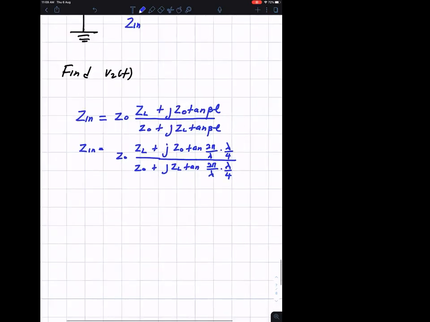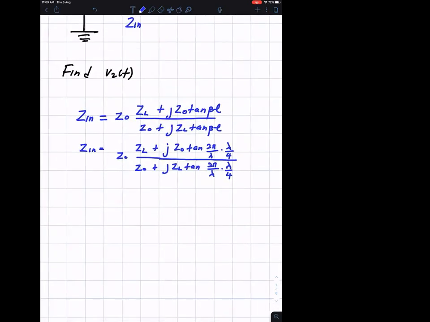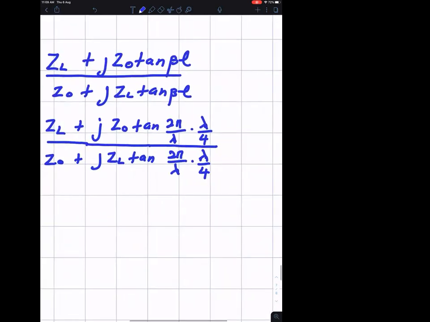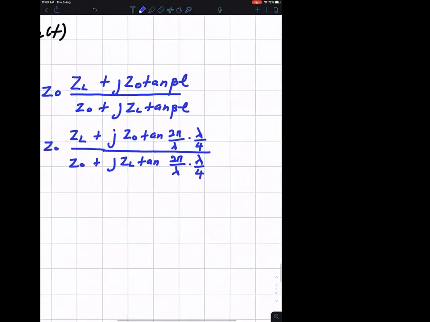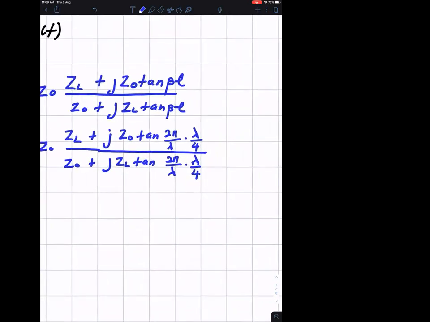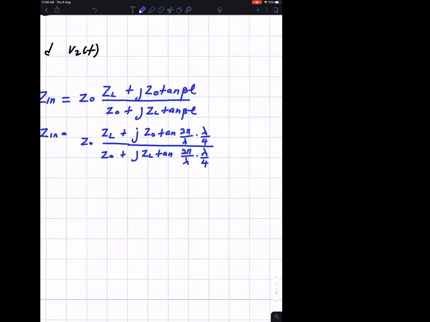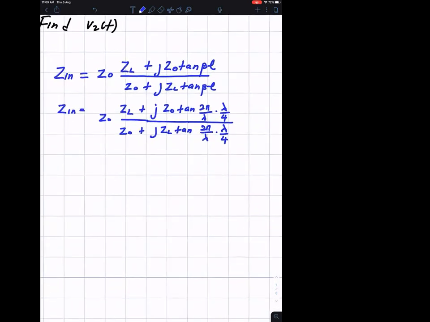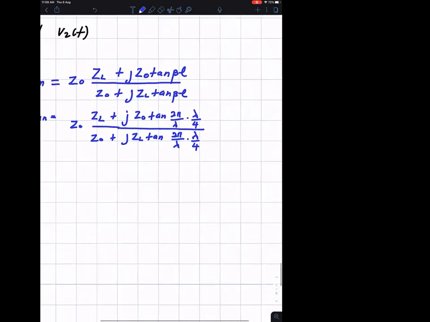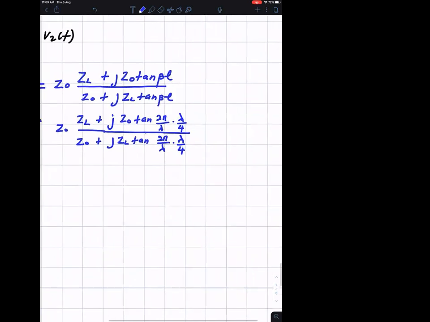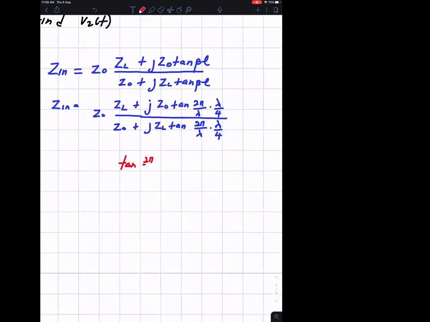So can you guys please help me to solve this? Just tell me what this is: tangent of 2 pi over lambda multiplied by lambda over 4. What is that equal to?